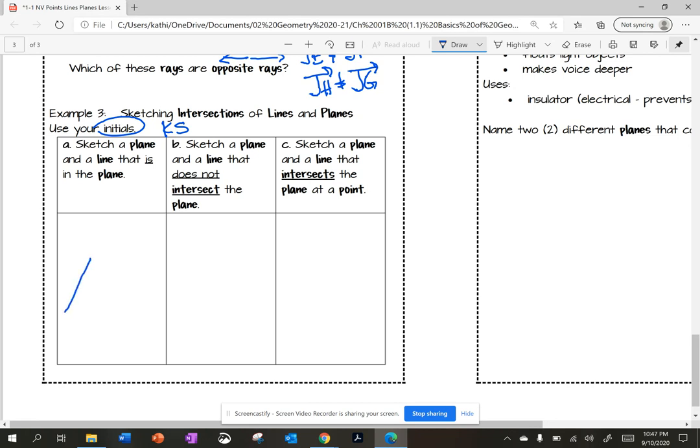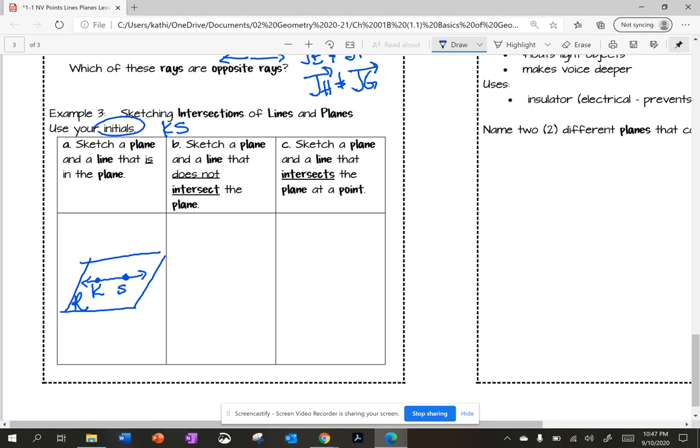A plane I draw as a parallelogram. I'm going to name my plane plane R. Next it says sketch a line that is in the plane. I need 2 points to name my line. So KS.